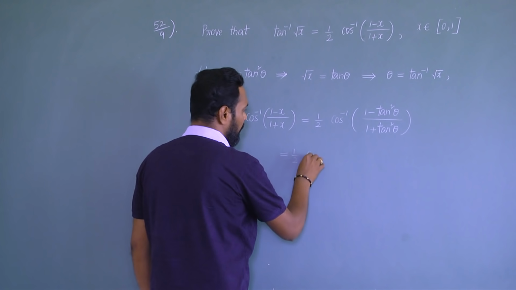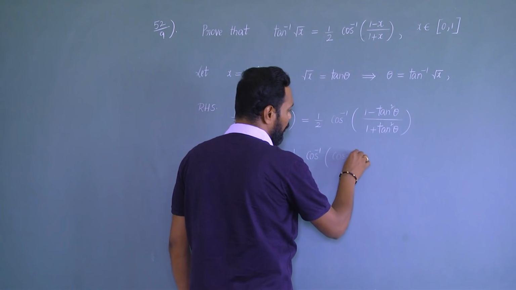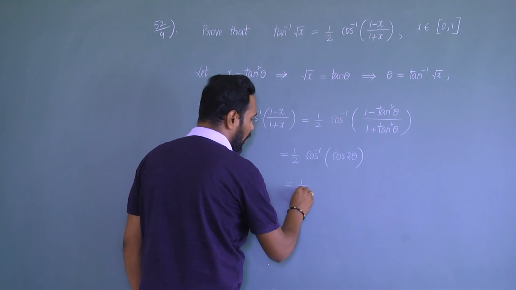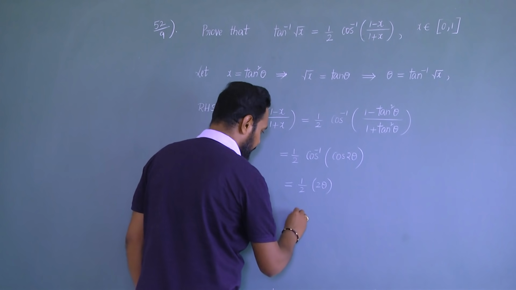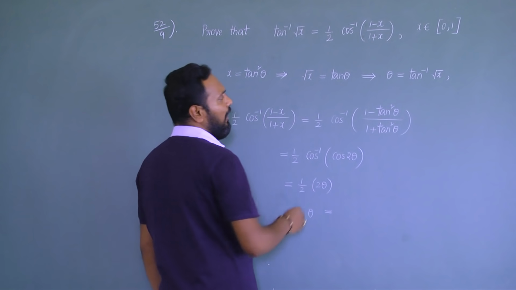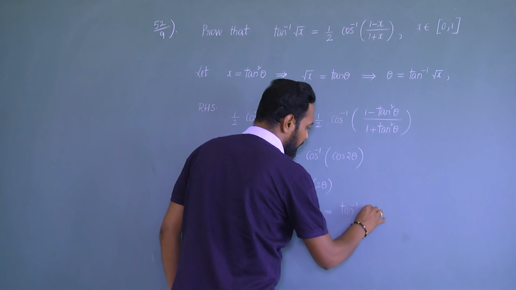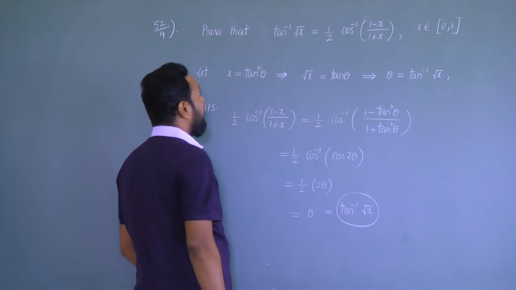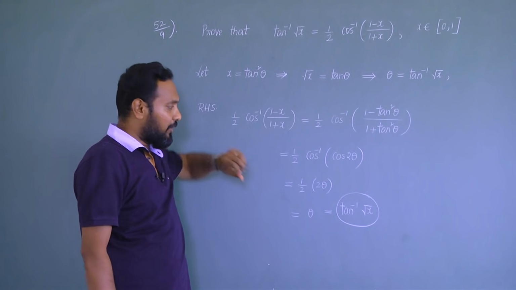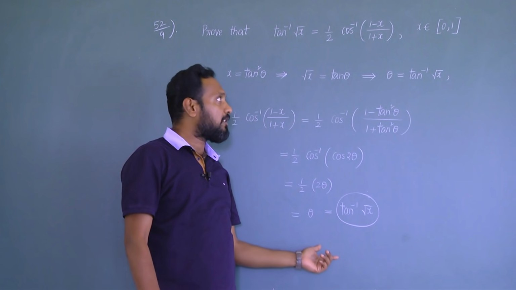Half into cos inverse, the formula for this you already know, it is cos 2 theta. Cos inverse of cos x is x, so that is half into 2 theta, which equals theta. What is theta according to our assumption? It is tan inverse root x, which is the left hand side function, so LHS equals RHS. In the last step you need to write LHS equals RHS, as it was given in the problem.